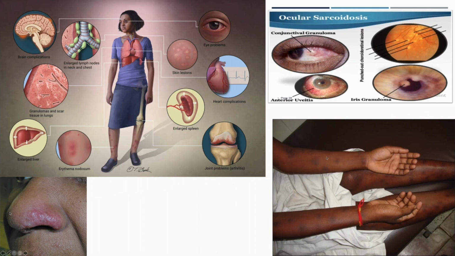In an African American patient, it looks kind of dark, but in a lighter skinned patient it would look more reddish colored, with painful nodules that appear on the arms and legs.